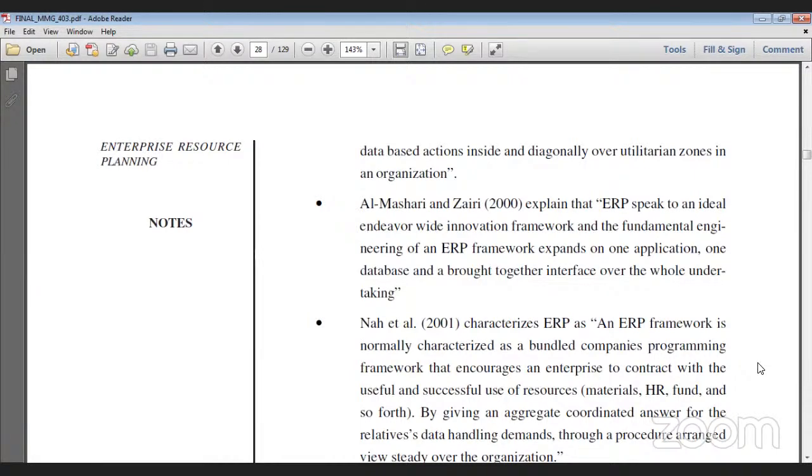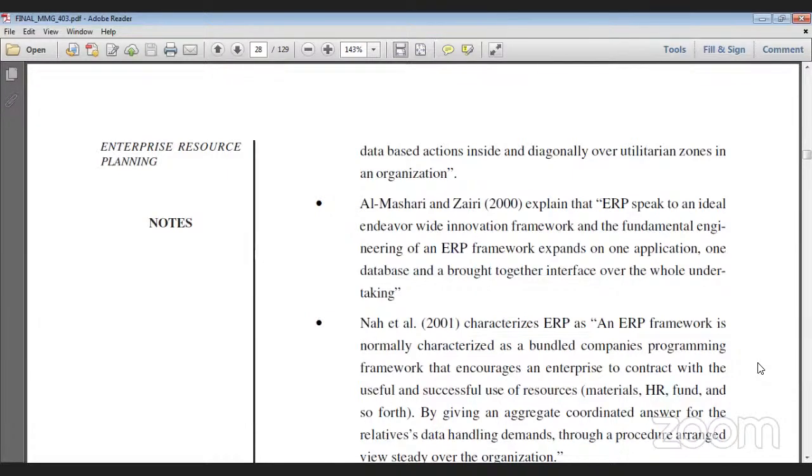Masari and Jairi in 2000 have defined ERP as an ideal, wide innovation framework, and the fundamental engineering of an ERP framework expands on the application.